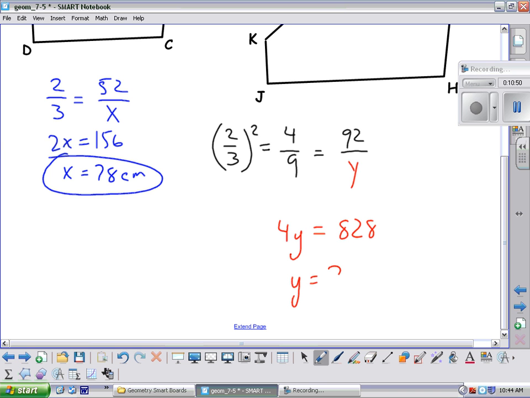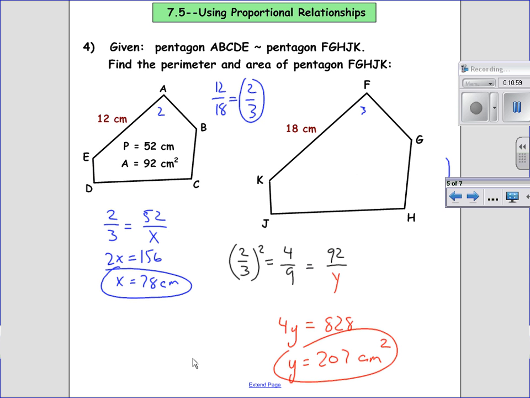Divide, and I get 207 centimeters squared. Okay, so my perimeter here was 78 centimeters, and the area was 207 centimeters squared.